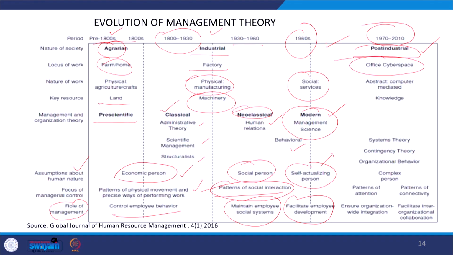There is automation and the introduction of new technology, and the nature of work has become abstract and conceptual, knowledge-oriented, rather than physical or machine-oriented. The key resource is not just land and machinery, but the knowledge of individuals, how individuals contribute to the organization's development through their knowledge, experience and education.